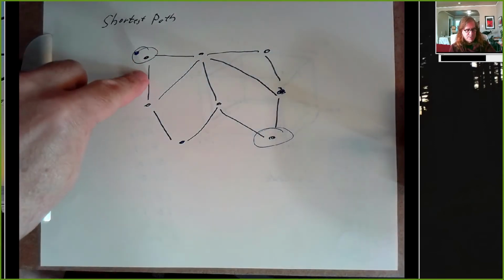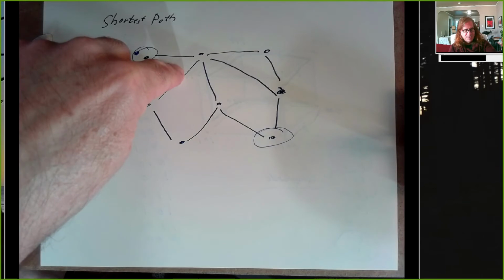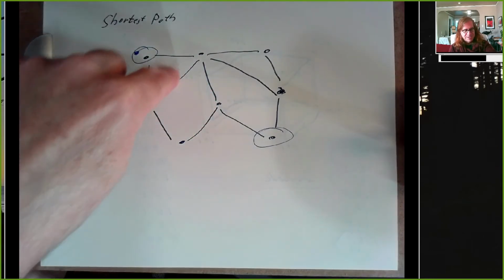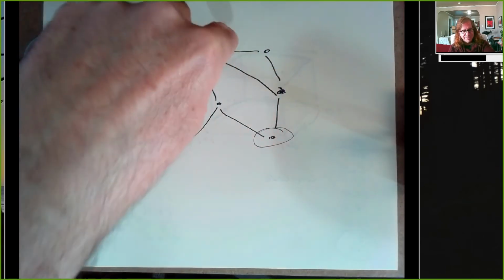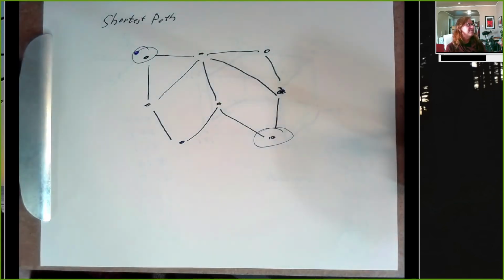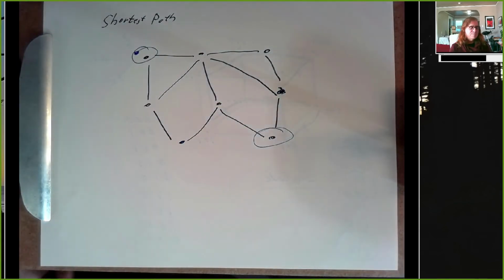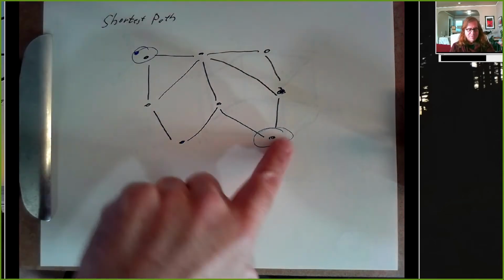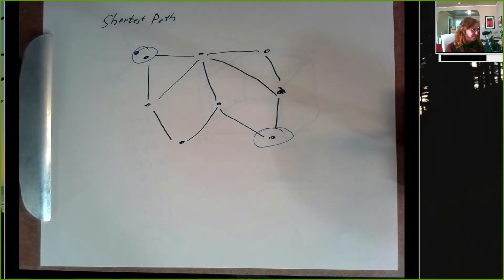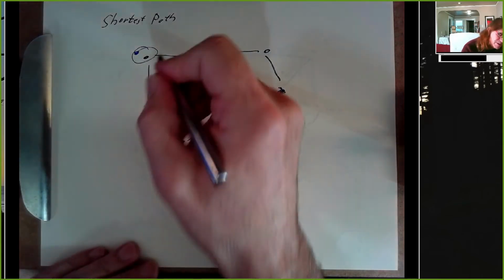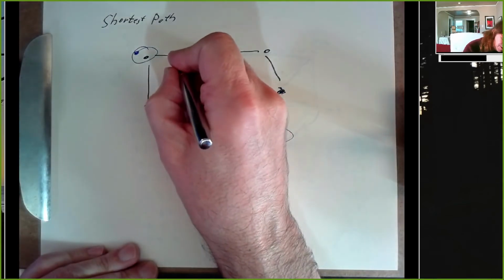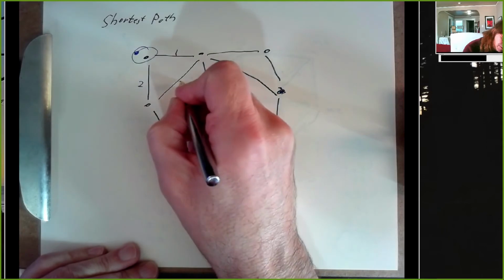We could do 1, 2, 3, 4, 5, 6, 7, 8, 9, 10, 11, 12 like that, right? So on a plain unweighted graph, shortest path is asking what's the fewest number of edges that it would take to get from one vertex to another. But when you introduce weights, this becomes more interesting.